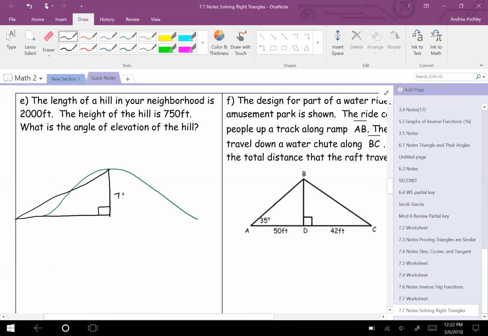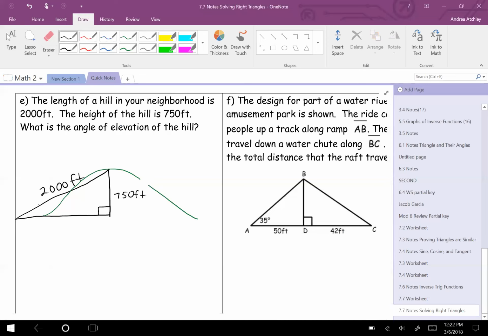The height is 750. The length is 2,000 feet. Write it down, please.